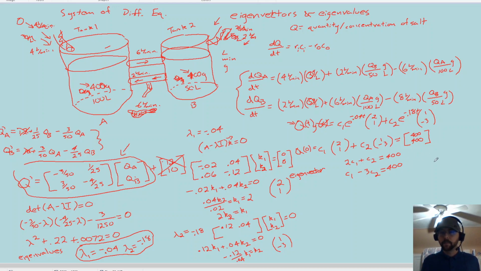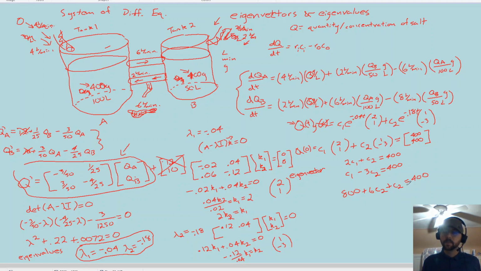Let's do the bottom one, I guess. So C1 equals 400 plus 3 C2. So 2 times 400 is 800, plus 6 C2, plus C2 equals 400. I'm trying to save writing because I'm almost out of space on my page. Subtract 800, we'll get negative 400. Add these two together, we'll get 7.